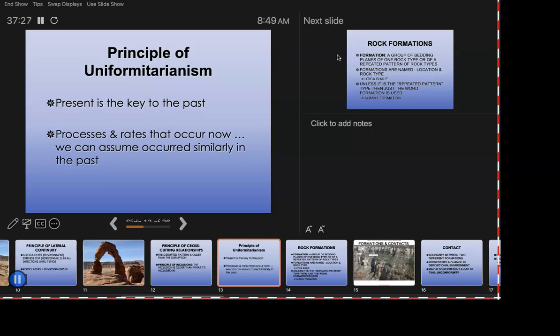Rain still rained the way it rains now. Rocks still roll down hills the way they roll down hills now. Water still evaporates the way it does. Anything and everything. So processes and rates that occur now occurred similarly in the past.